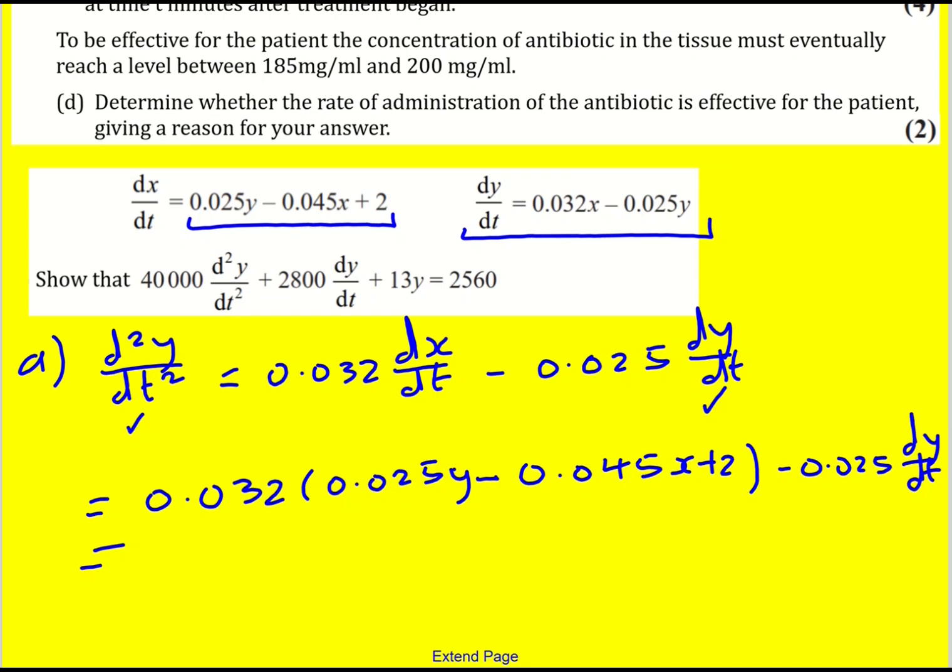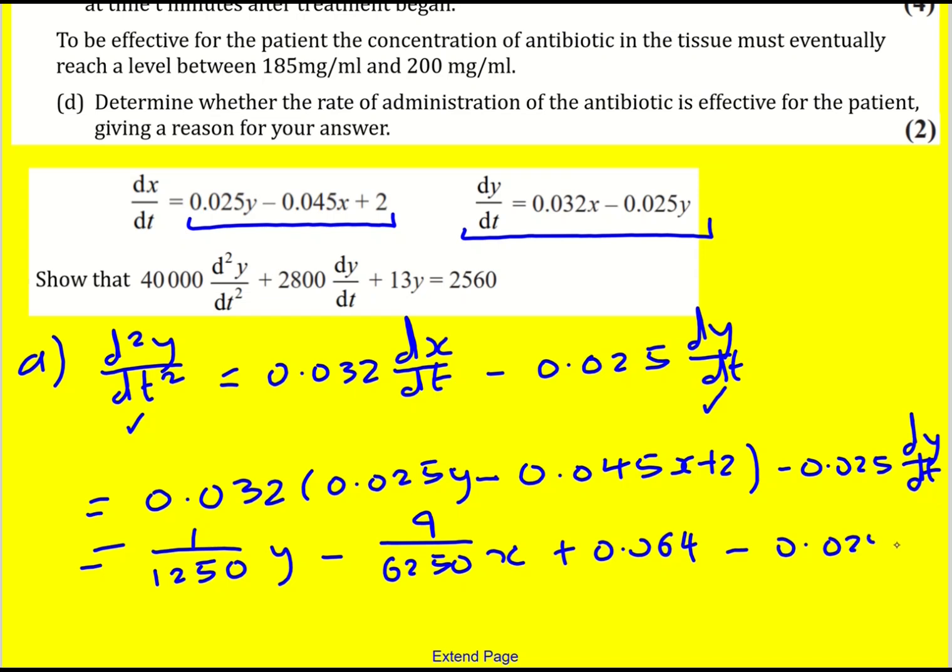Okay, so let's just multiply this out. This ends up giving 1 over 1,250y minus 9 over 6,250x. The other one's not too bad, it's plus 0.064. And then again, we've got our minus 0.025 dy by dt.